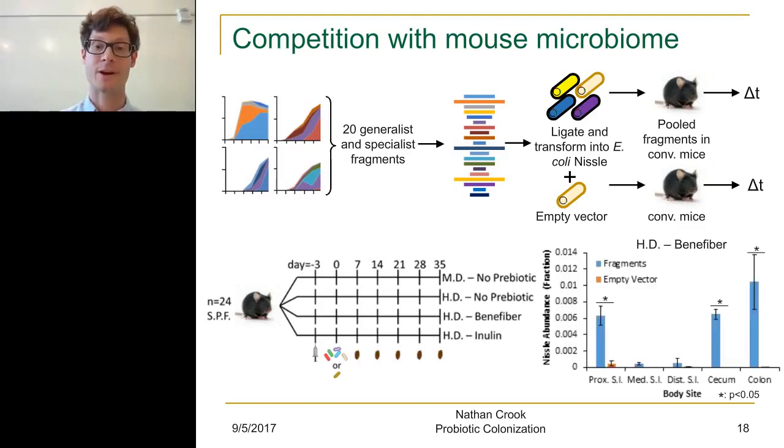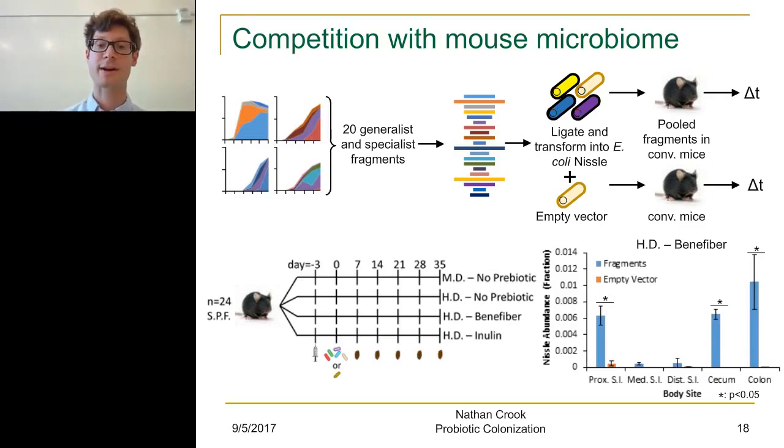In the Benefiber arm, we saw something quite exciting, where the fragment-containing E. coli was able to colonize to a higher abundance at the end of our experiment than any of our empty vector containing E. coli strains were. We did this by assaying the intestinal contents at the end of 5 weeks, and we saw that in the proximal small intestine, so the beginning of the small intestine, as well as in the cecum and colon, the E. coli that contains our fragments was able to colonize much more robustly than the empty vector containing E. coli was.